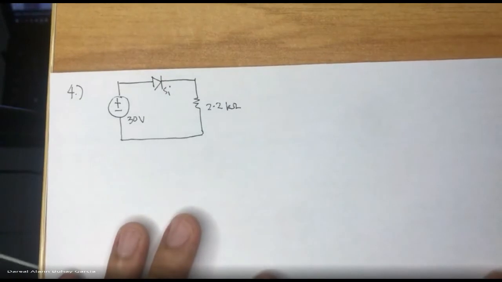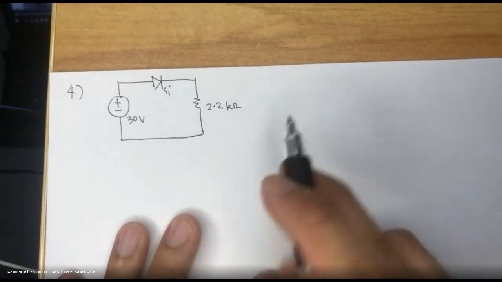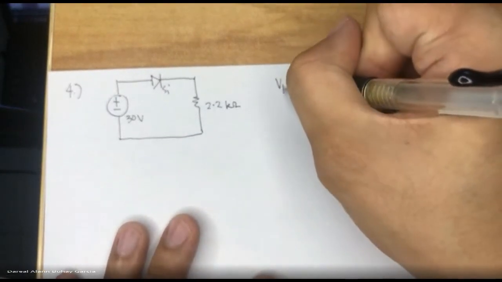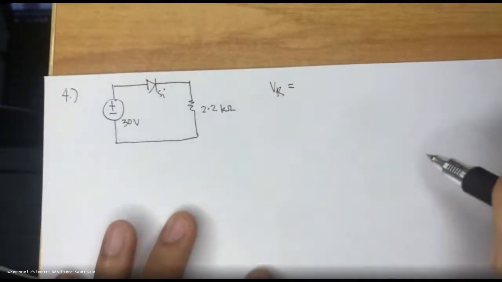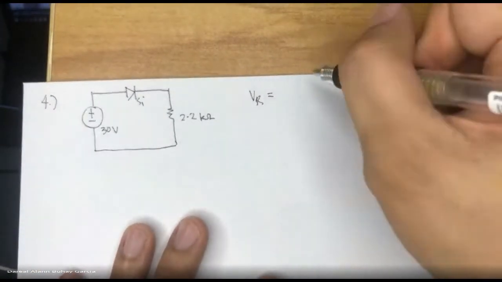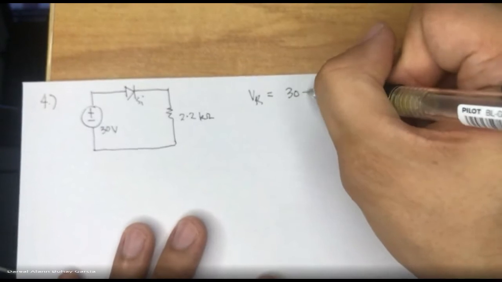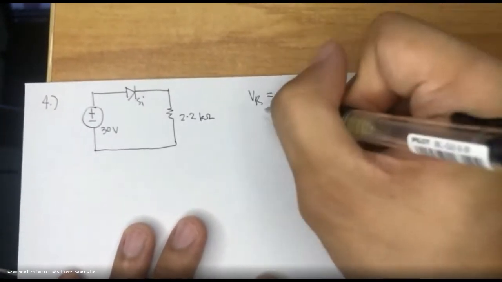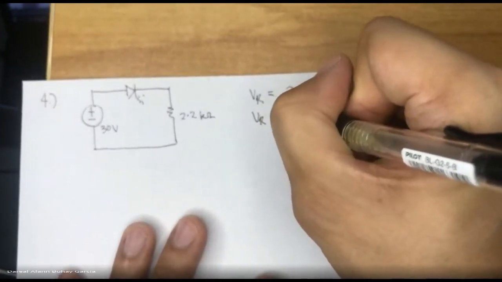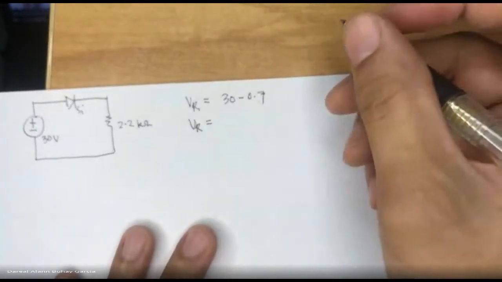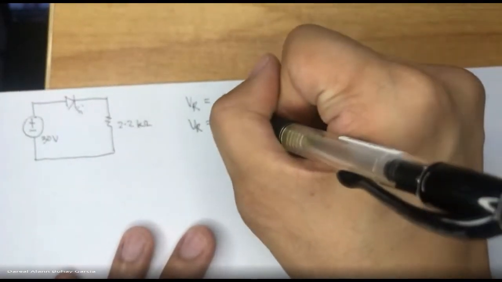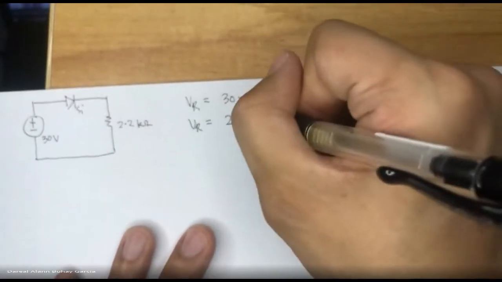So atong paspasan og solve. Voltage sa resistor is just equal to 30 minus 0.7. 29.3.